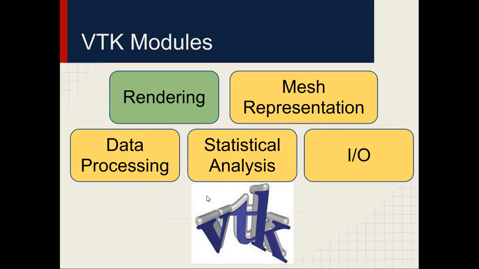So if you're familiar with VTK, that most of you probably are, it has a large collection of components that do many different things. It has I/O components, data processing, mesh representation, mesh processing itself, statistical analysis, and one of the things that it does, of course, is data rendering, is visualization.